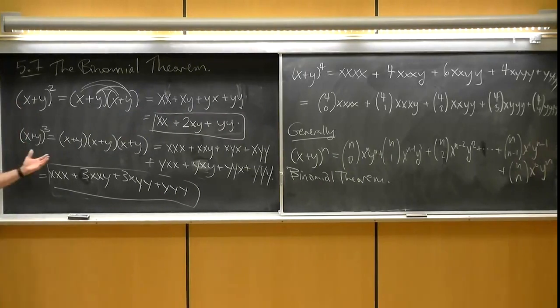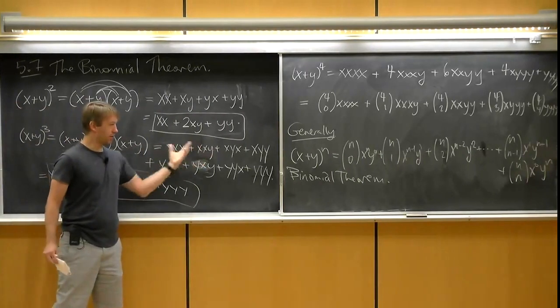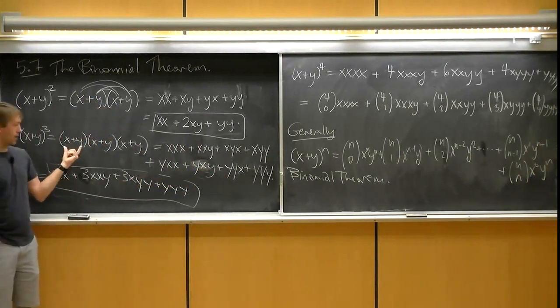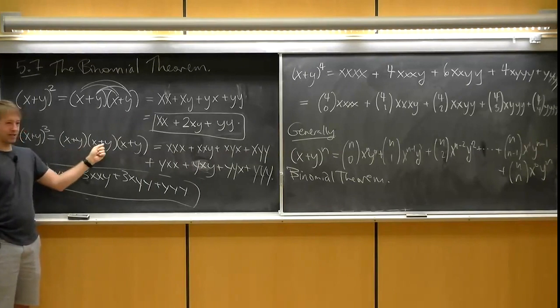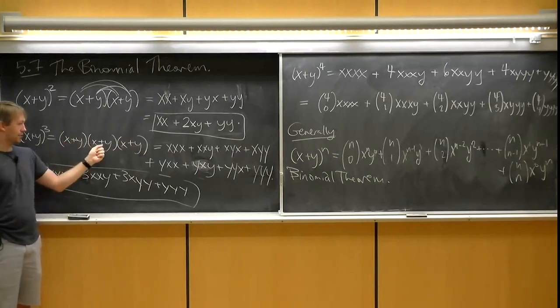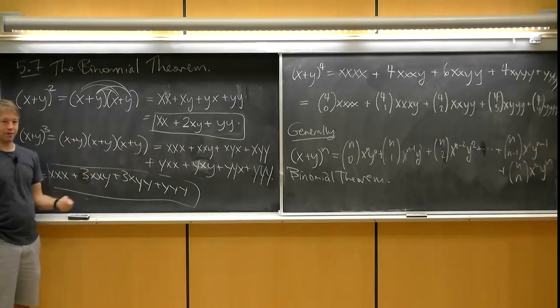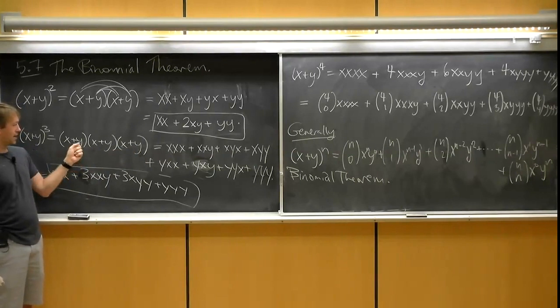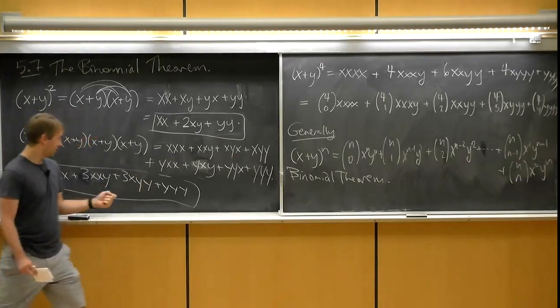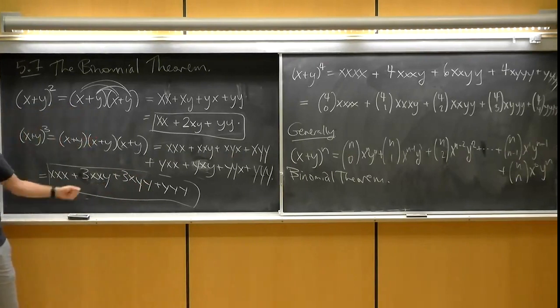It comes from picking one x or y from each of these factors. How many ways can I choose x or y, three times, so that there's exactly one x? Well, that's 3 choose 1, right? I'm making 3 choices, and one of them has to be an x, so it's 3 choose 1, which is 3.